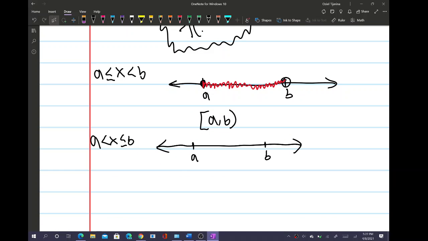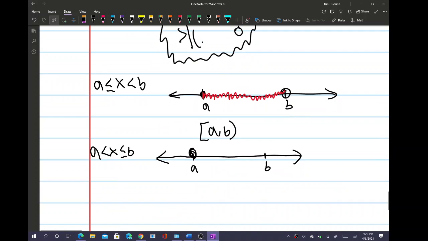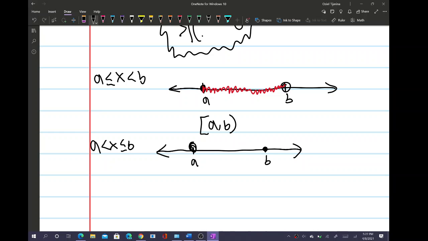And it's going to be an open circle at A. And then we look at B and we say, okay, it's less than or equal to B, right? So it's going to be a closed circle. So now you just shade in between.